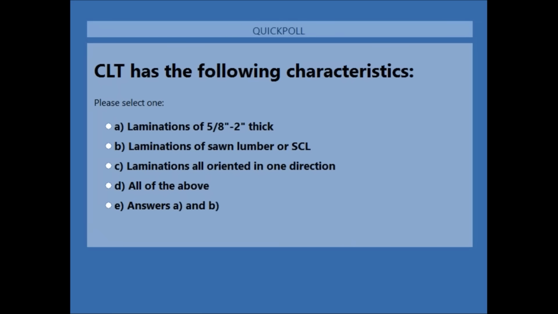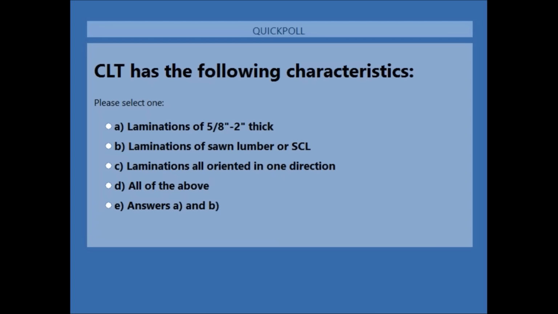All right: laminations of 5/8 inches to 2 inches thick, laminations of sawn lumber or SCL, structural composite lumber, laminations all oriented in one direction, all of the above, or answers A and B. It looks like everybody is voting. I've got 59% voted. Just maybe 10 more seconds.